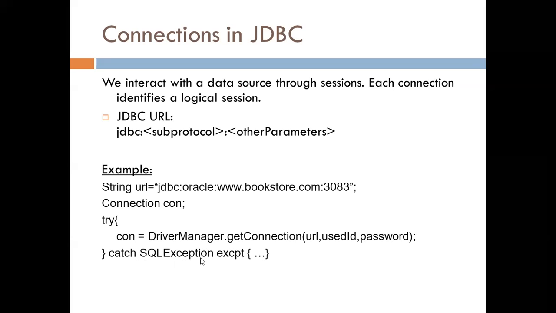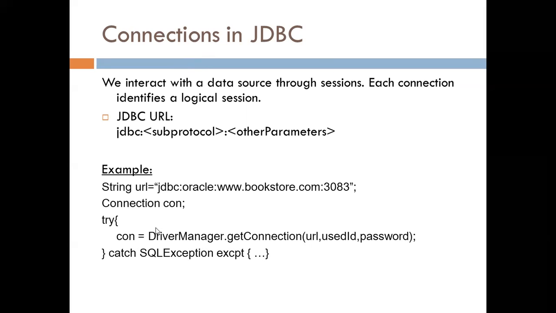Just like how we catch IO exceptions or the generic exception, we can also catch the SQL exception. In order to connect to the DBMS, only one API we need to call, that is DriverManager.getConnection. This connection we can declare here itself, it doesn't matter. It returns the connection object.